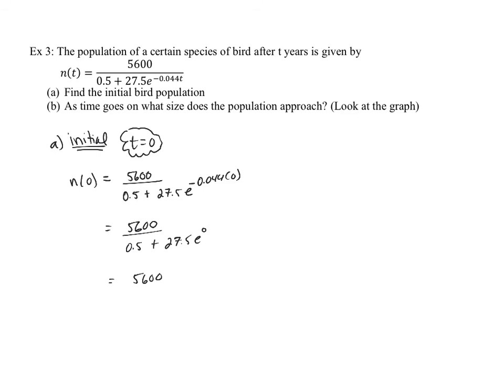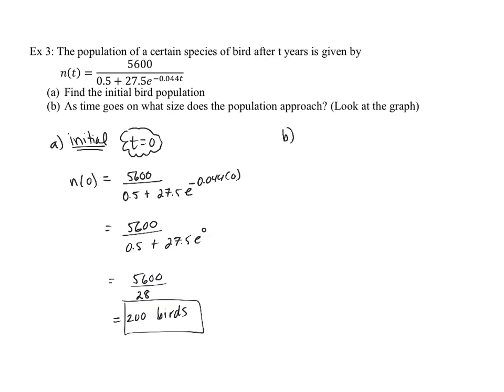So it would be 27.5 times 1 plus that 0.5, so 5,600 divided by 28, which is 200. Okay, so that's the initial number of birds.